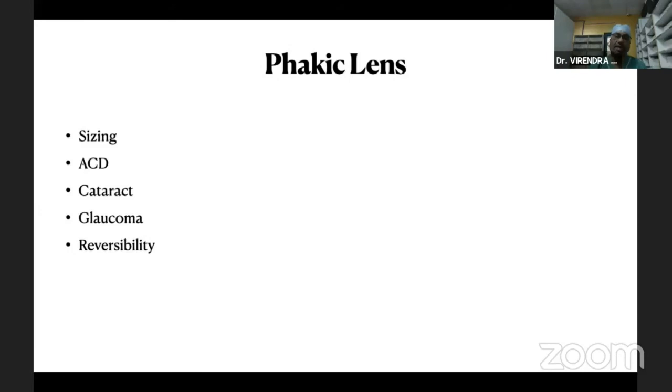The advantage of phakic lens is that it is almost fully reversible, because you implant and you remove, and the same refractive error will come back. But we are not very sure how the sizing of the eye will change. It is difficult to measure actual white to white. If you are not able to measure actual white to white, then the ICL will be undersized or oversized, and both are a big problem.